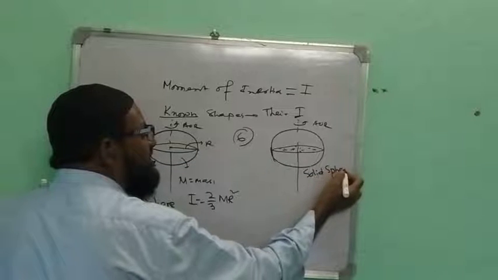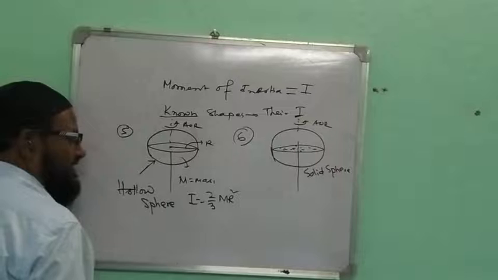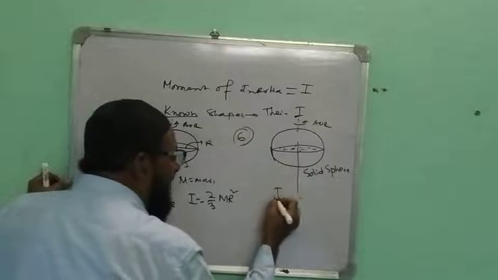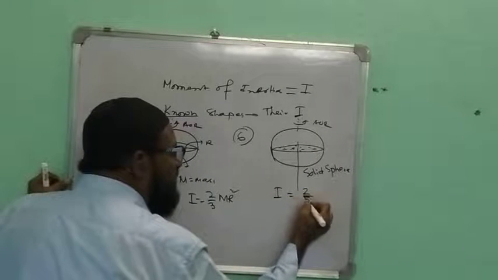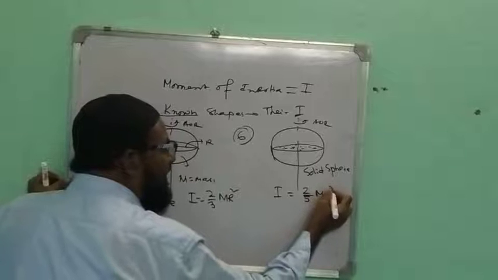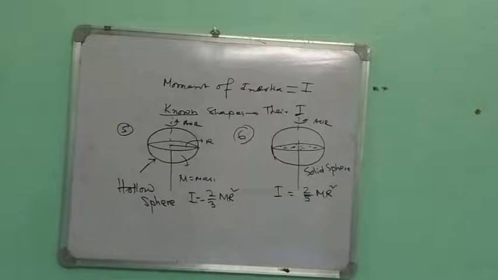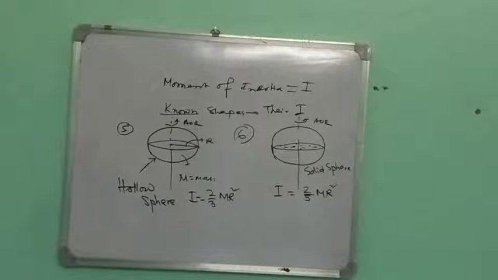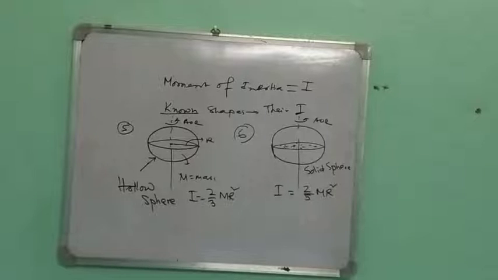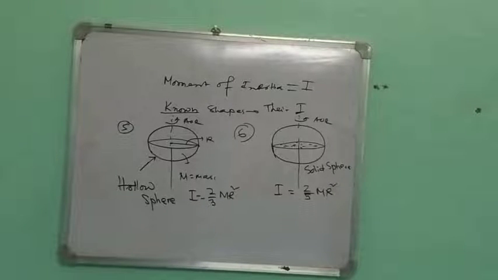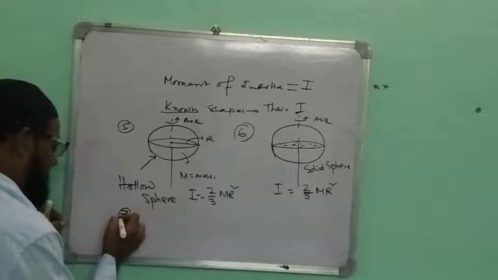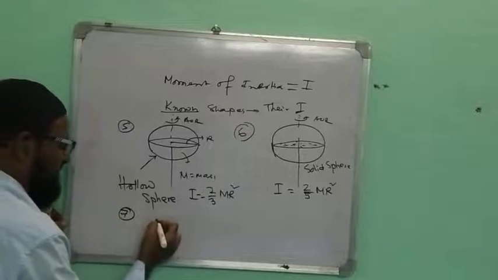Here I equal to 2 by 5 mr square. Please write down 2 by 5 mr square. Figure number 7.